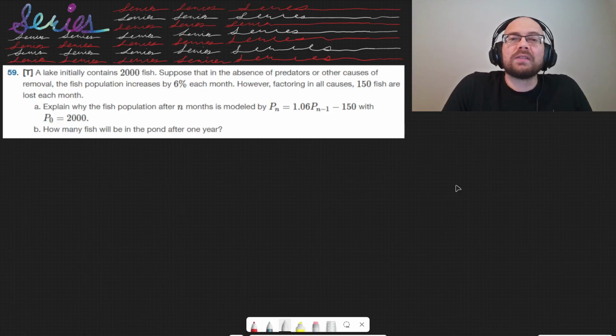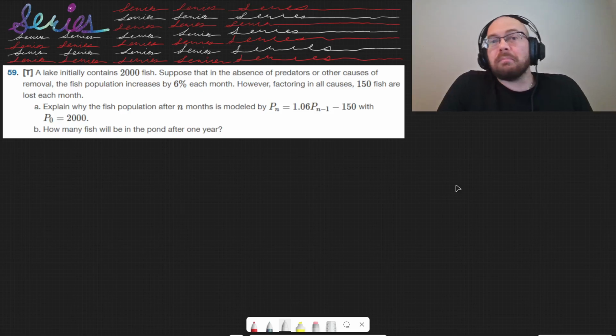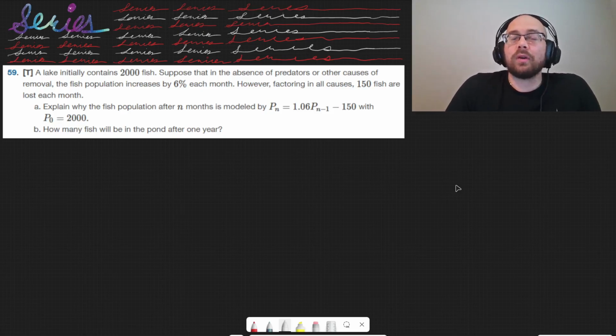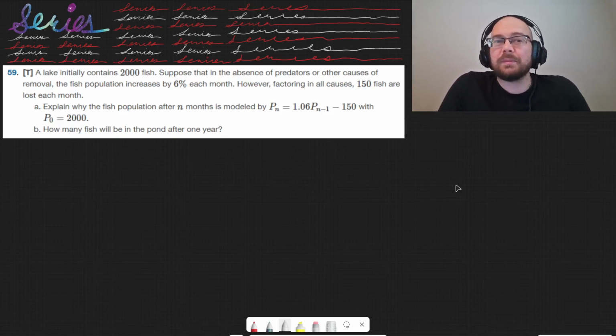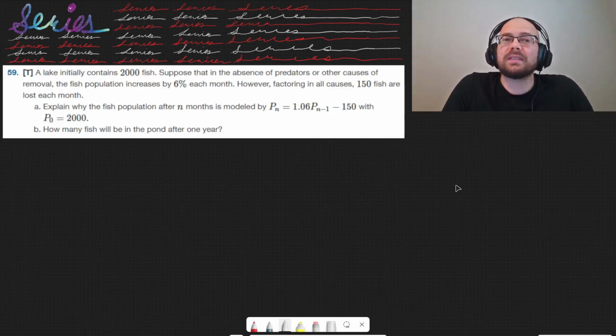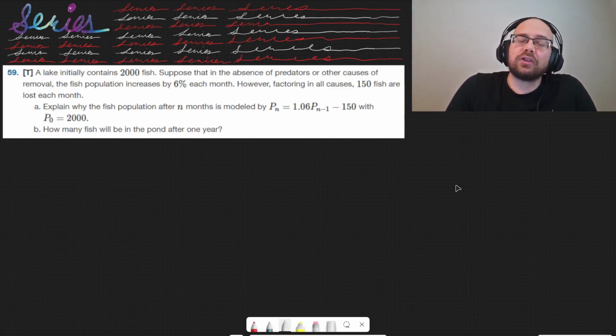So the reason why it's 1.06 p sub n minus 1 and then just minus 150 is because, according to PEMDAS, you would do timesing before you would do minusing, meaning we're going to times by 1.06, which is 1 plus 0.06. So 1 plus 0.06, meaning the initial amount plus the increase of 6%, plus the 0.06 of the initial.